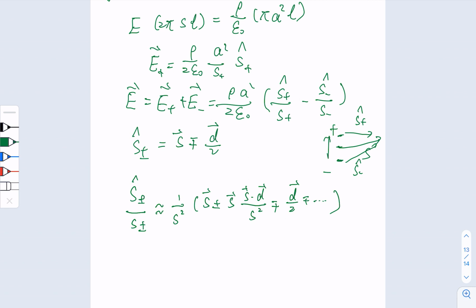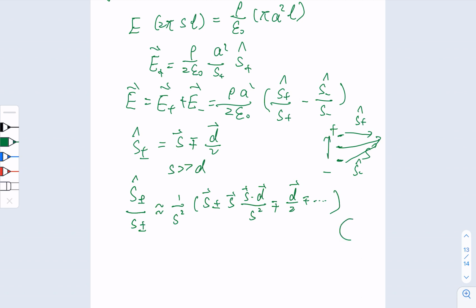So here, what I'm trying to do is to Taylor expand in d over s, considering that s is much larger than d. This is valid because here we have two dipole moments.